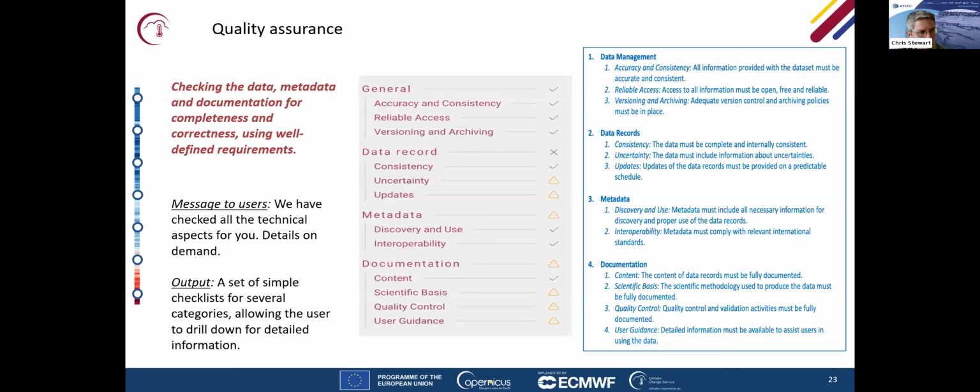So the data sets have gone through a rigorous quality control process to ensure that they're fit for purpose, to identify what the purpose is and to communicate that to users. And also to make sure that there's uncertainty information, that the metadata is clearly there, that there's good documentation, and any issues are flagged and addressed. So this is one big component of C3S.